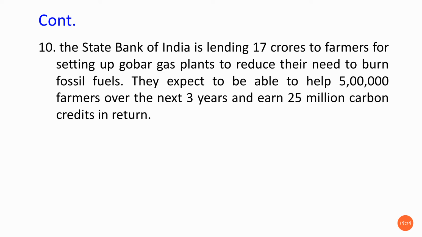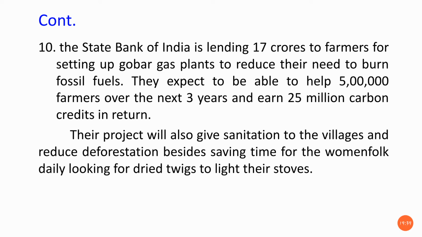In this case, what will happen? Gobar gas uses buffalo dung, which is very good for countryside people. The project will also give sanitation to the villages and reduce deforestation, besides saving the time of women who daily look for dead wood to light their stoves.